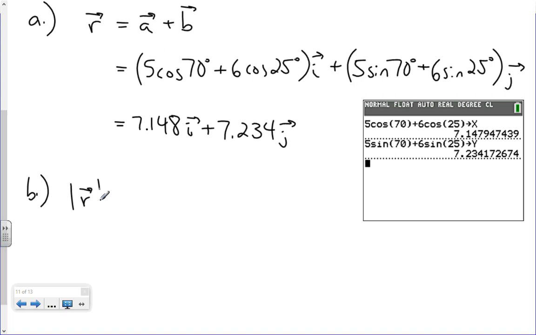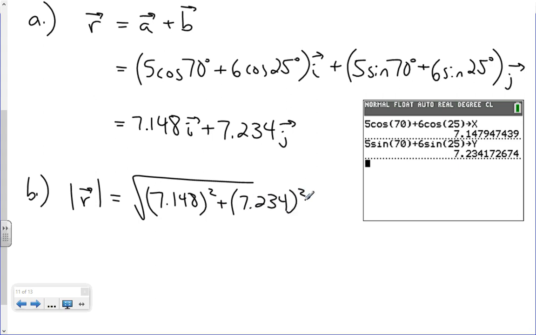The magnitude is going to be the square root of 7.148 squared plus 7.234 squared. Add those up, take the square root, and we've got ourselves a magnitude for this vector. So let's grab our calculator and do that.